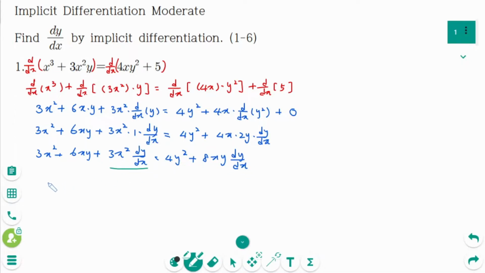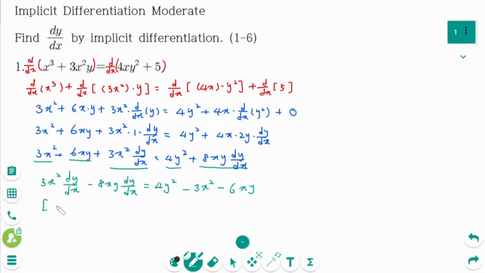Keep this one, 3x squared dy/dx. Move this to the left, minus 8xy times dy/dx equals, keep 4y squared, minus 3x squared minus 6xy.